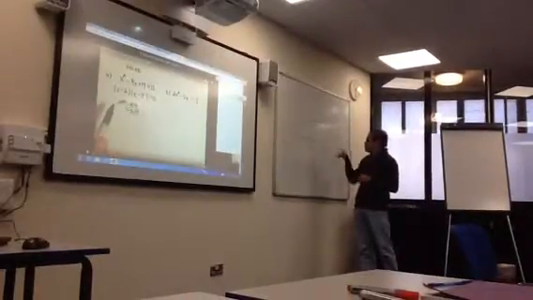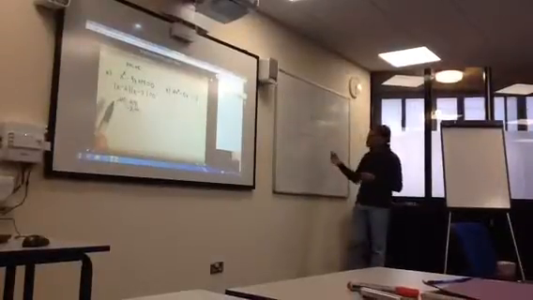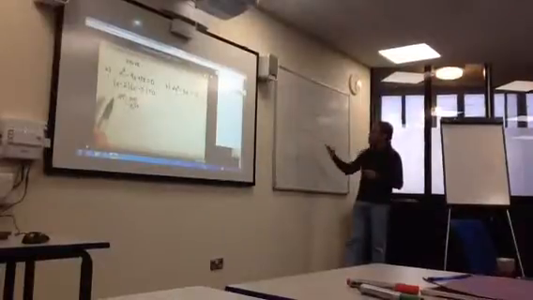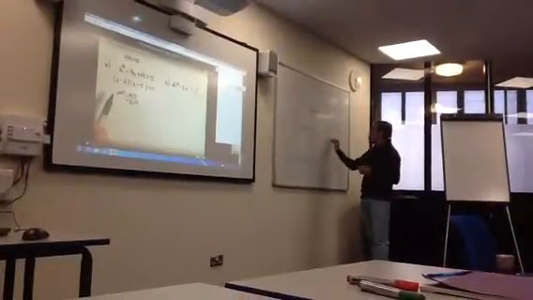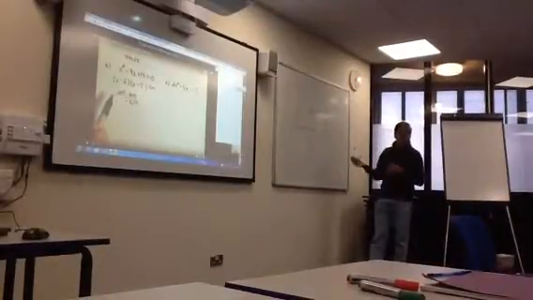The product is 14, and Charlie, what's the addition of the factors there? Minus 9. So we need to get two factors whose addition is minus 9.